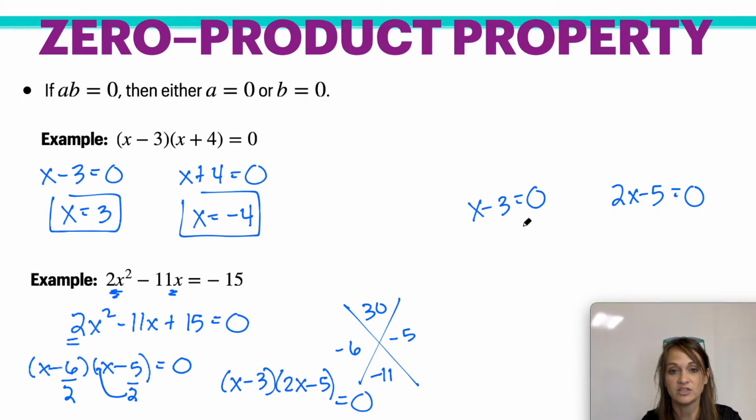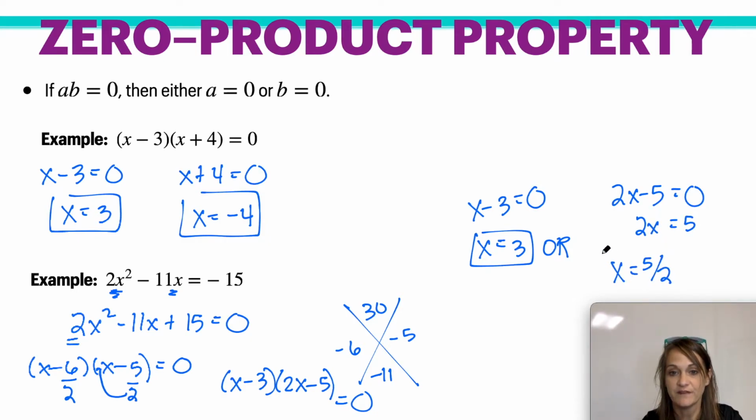To solve for x, you would add 3 to both sides and get x equals 3. Or in this case, you would add 5 to both sides and then divide by 2, and you would get 5/2. And these are the two answers.